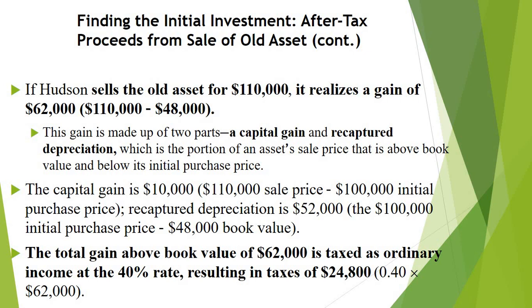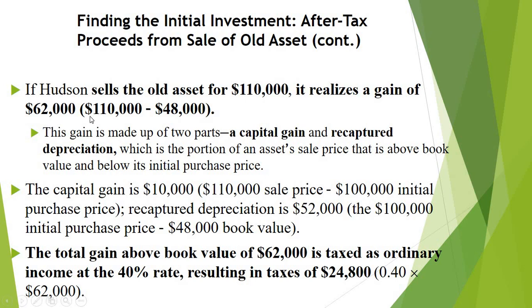Now let's look at how we calculate tax. So here we are assuming that the selling price of the Hudson Industries asset is $110,000. In this case, the realized gain will be 62,000.